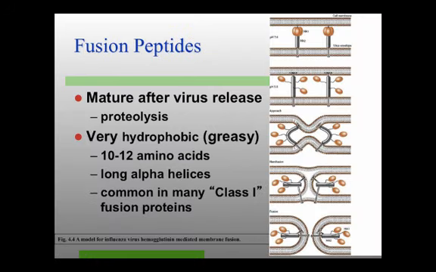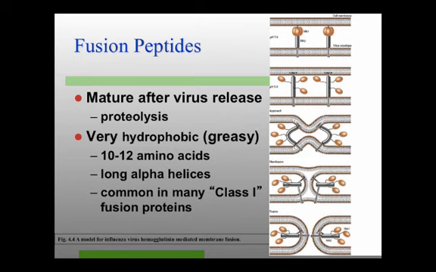We'll look at a cartoon of these fusion peptides. Again, up at the top here, the best understood of these is influenza hemagglutinin. It interacts with, at the very top here, your cellular membrane. We'll talk about the individual HAs a little bit later on, what they all do. Once you have this interaction, then you have an insertion of your fusion peptide into the cellular membrane. If you look at the sequences of these fusion peptides, they generally have very hydrophobic amino acids.